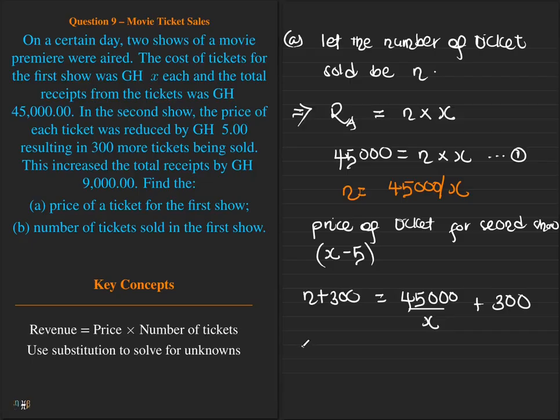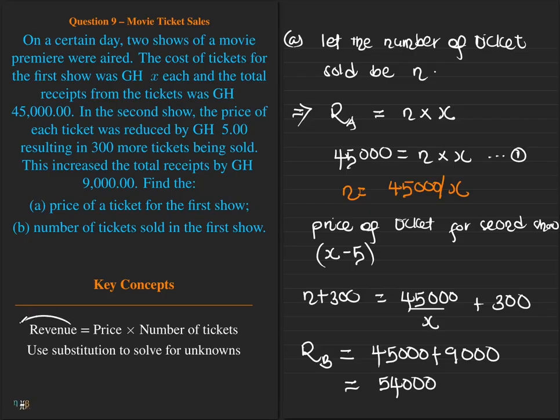So the revenue for the second show, which I would name B, is going to be the initial one, which is our 45,000, plus the increase we have here, which is the 9,000. And when we evaluate that, we have 54,000 cedis. So this is the revenue for the second show. We have all we need to now solve the question.